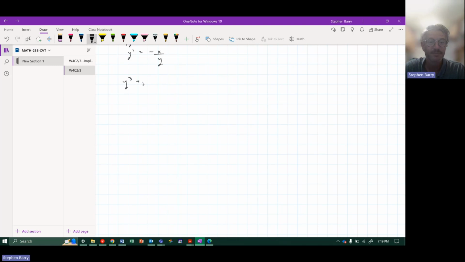Y cubed, x cubed. In my opinion, this is one of the most beautiful equations.